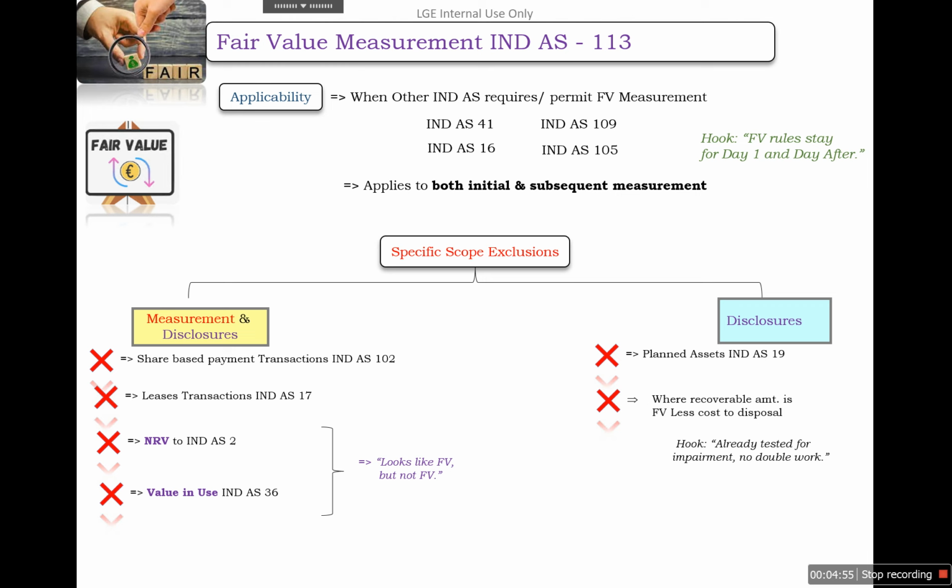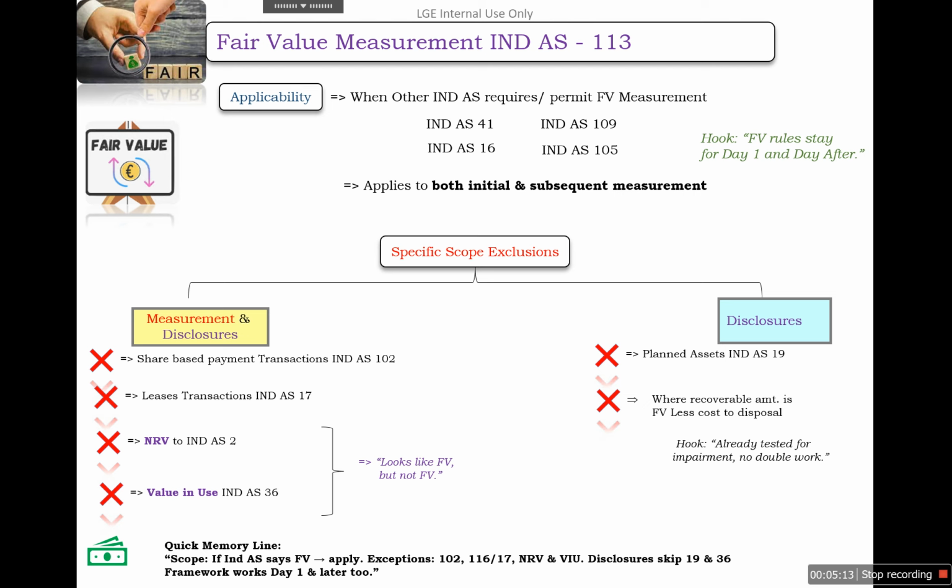The respective Ind AS will apply. It is about impairment. If it has already been tested for impairment, there is no double work that we need to do, so disclosures will not be according to Ind AS 113. Now let us discuss the quick memory line.